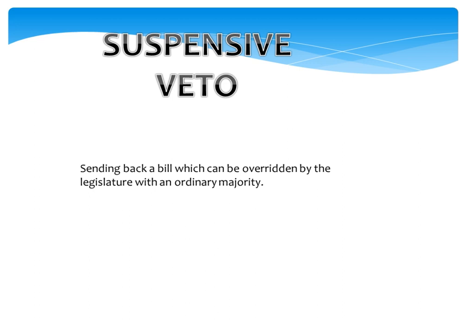The president has to sign the bill. The president does not have the power to reject it again or send it back, because the suspensive veto can be used only once. So the president can send a bill back to the parliament for reconsideration. It is called the suspensive veto.